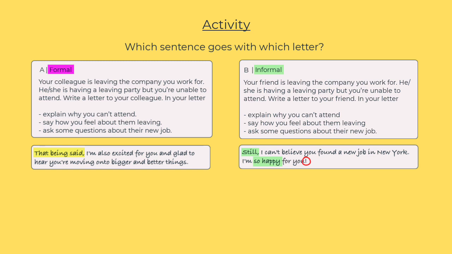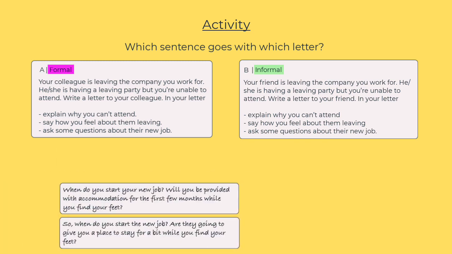So, linking words like therefore, nevertheless, in contrast, and additionally, for example, should not be used in informal letters. Later on in this course, I'll show you some good informal linking words for your letters.